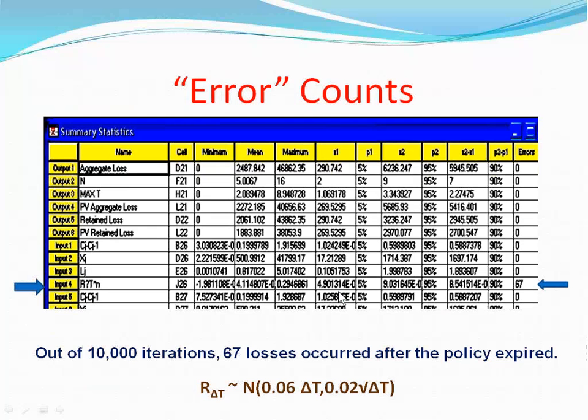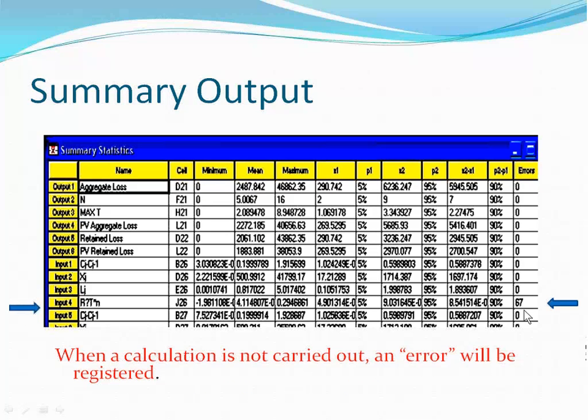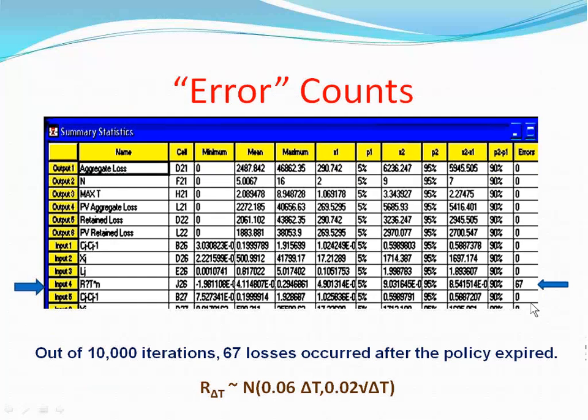There is not necessarily anything wrong with that. There could be something wrong or maybe not. In this particular case, there is really nothing wrong. The reason is that during the iteration, it turns out that in 67 of the 10,000 iterations, the losses occurred after the policy expired, and so we didn't have to calculate the short rates.